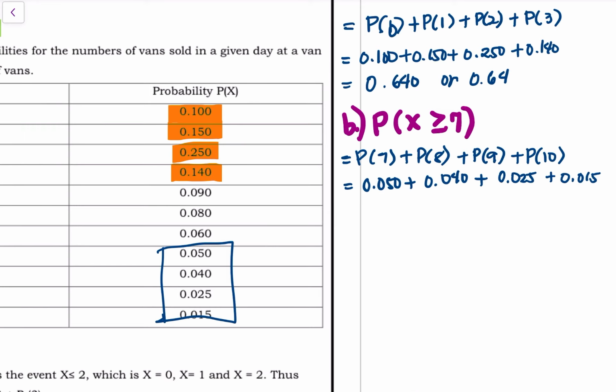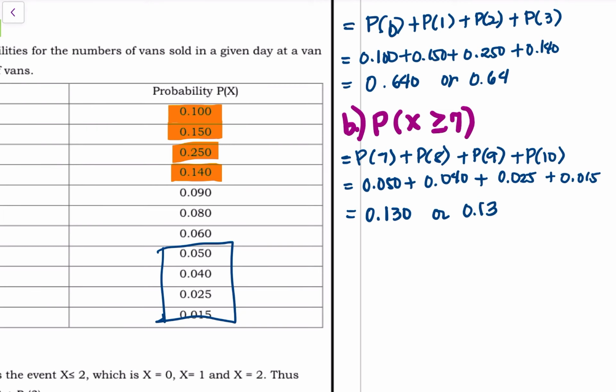So, let's add it up. We have 50 plus 40, that's 90, plus 25, 115, and then plus 15, that is 130. So, 0.130 or 0.13 or 13%.